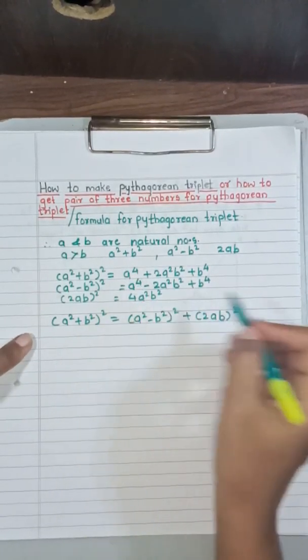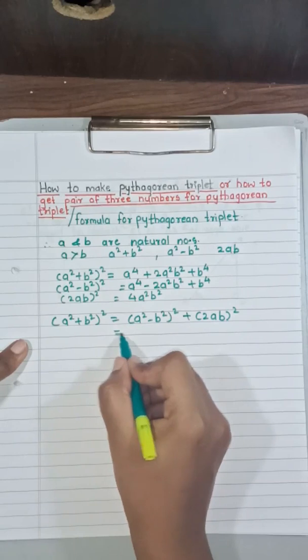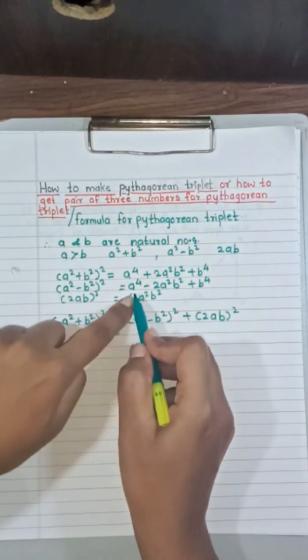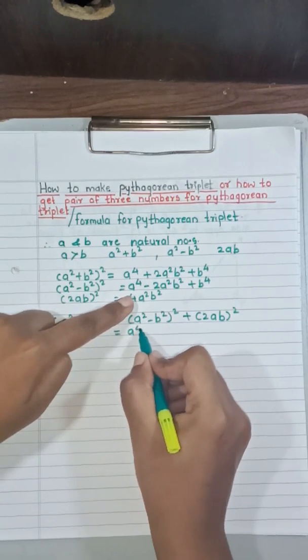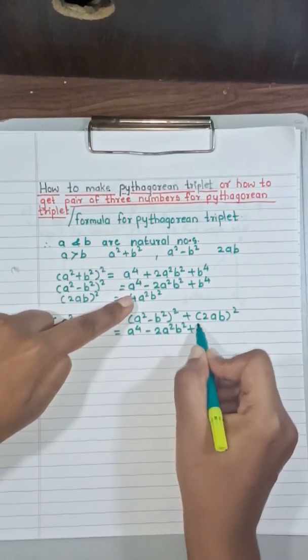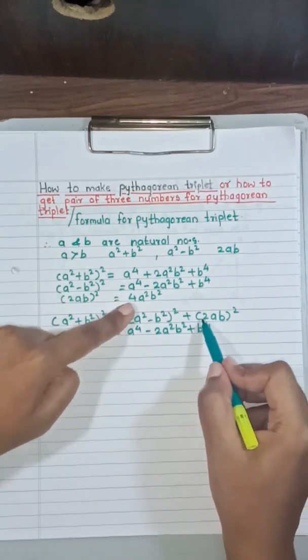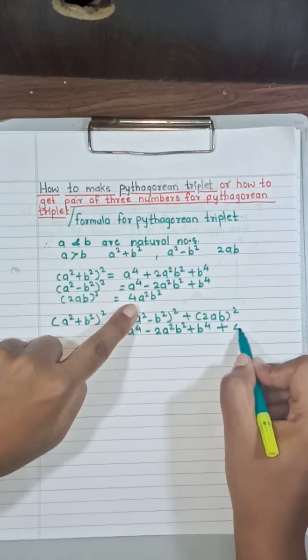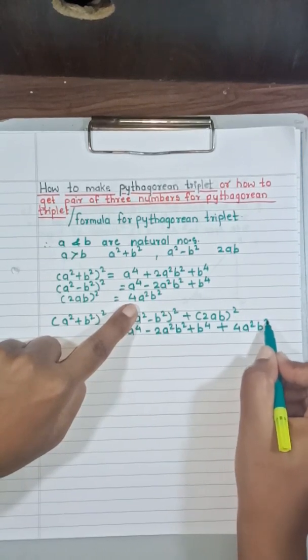Now we'll put the values over here. (A square minus B square) whole square can be split up as A raised to 4 minus 2A square B square plus B raised to 4, and (2AB) whole square is equal to plus 4A square B square.